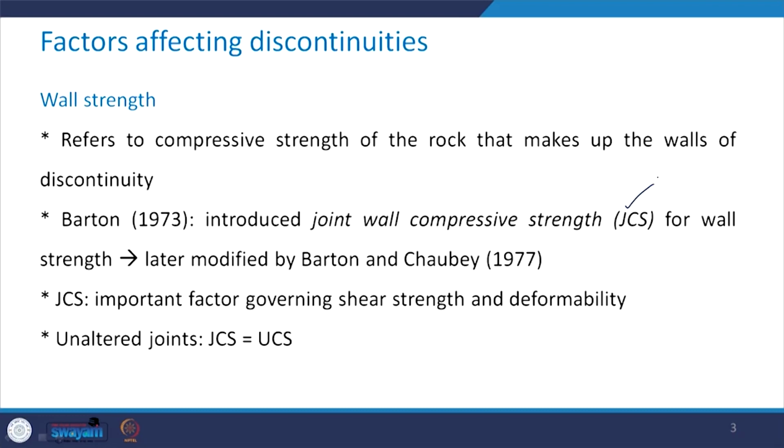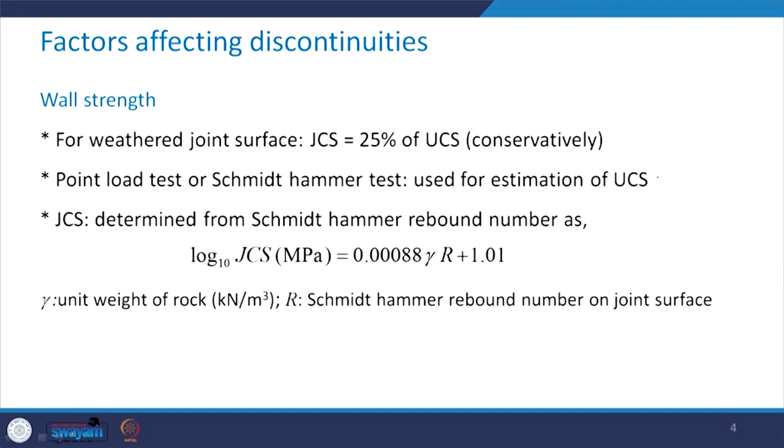In case you have unaltered joints, then this JCS becomes approximately equal to the unconfined compressive strength of the intact rock. For weathered joint surfaces, roughly JCS can be taken as 25% of the UCS.